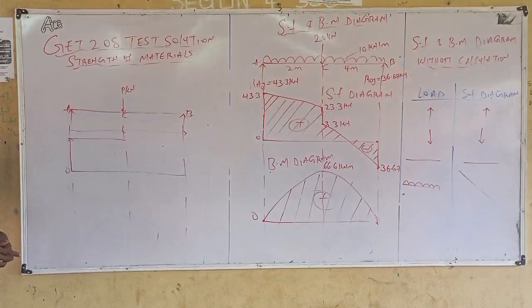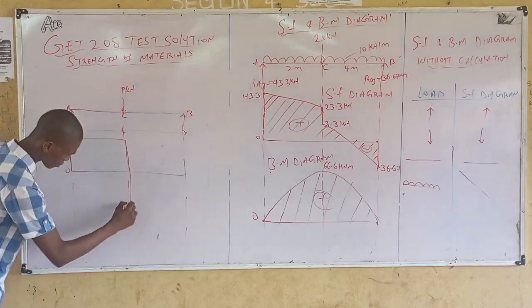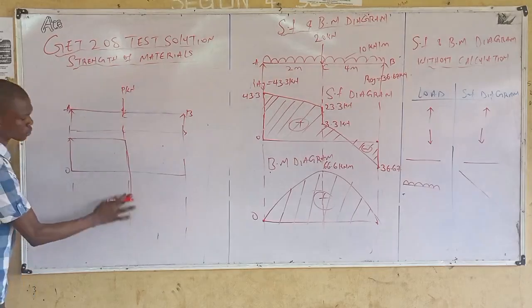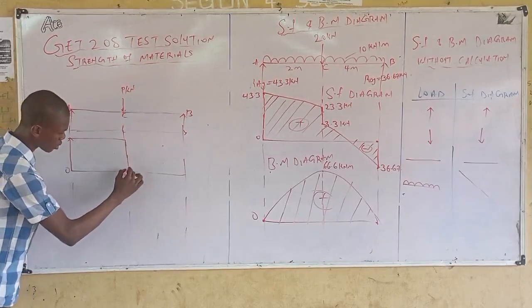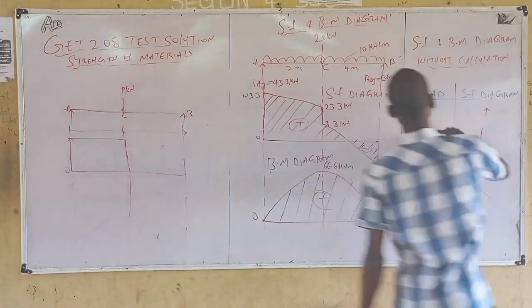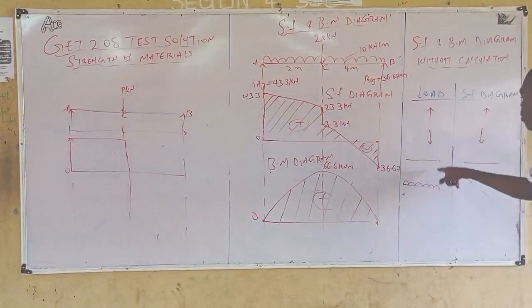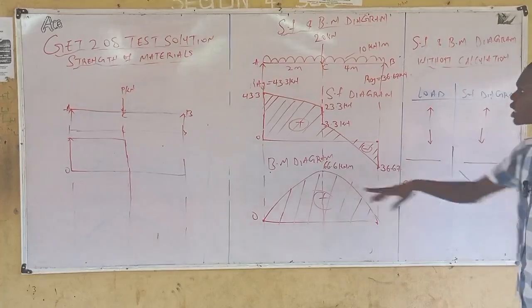On getting to C, what type of load? Down. What will the shear force be? Down. Check this table here. When you have a downward load, what will be the shear force? Still the same. Right, down, straight.